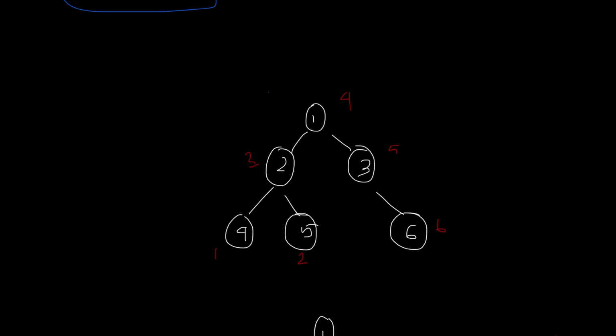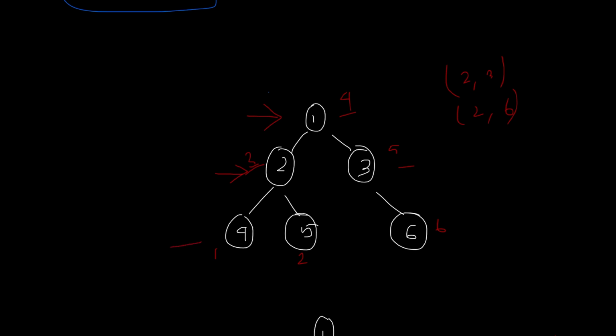If I try to make the pairs, we can see that with node 2, we have node 3, right? Because 3 is less than 4, 4 is less than 5. Then we have 2 with 6, correct? 3 is less than 4, 4 is less than 6. Their LCA is 1, by the way.